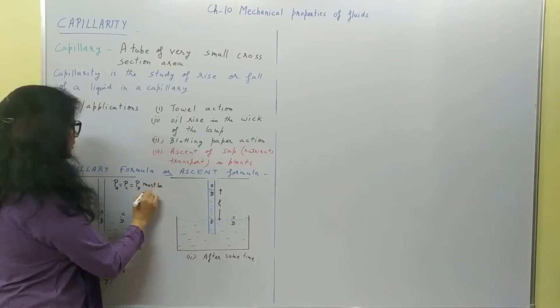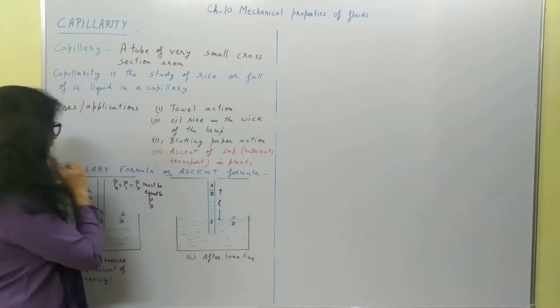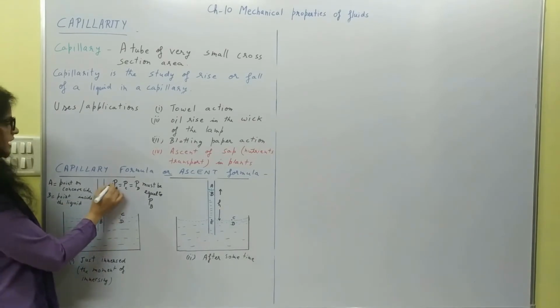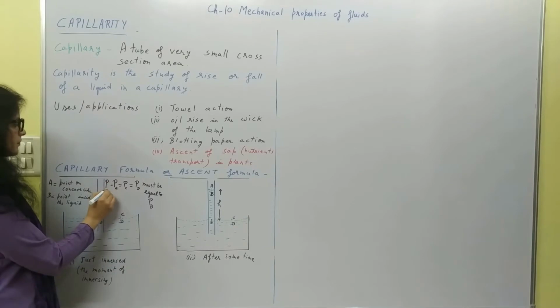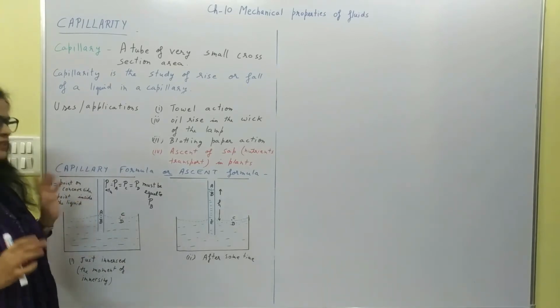Pressure at A and C is actually what? This is P atmosphere, atmospheric pressure, right? But we know that pressure at A and B is not same.